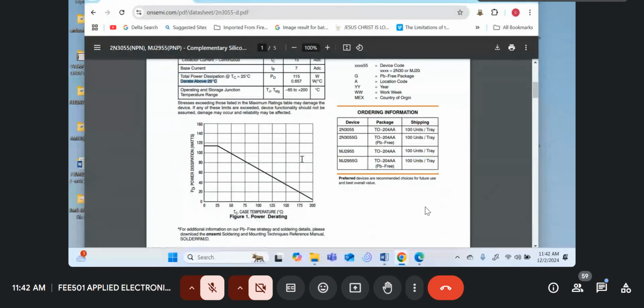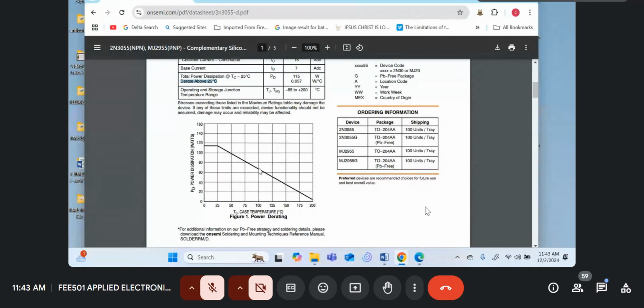Okay, normally they show you a derating curve. Yeah, this is the derating curve. This is what I was looking for. This curve over here is called the derating curve. So at 25 degrees centigrade, you can operate your device at 115 watts. If the temperature increases to 50 degrees, your transistor will only be rated 100 watts. If the temperature increases to, say, 100 degrees, your transistor is rated for only about 60 or 70 watts.